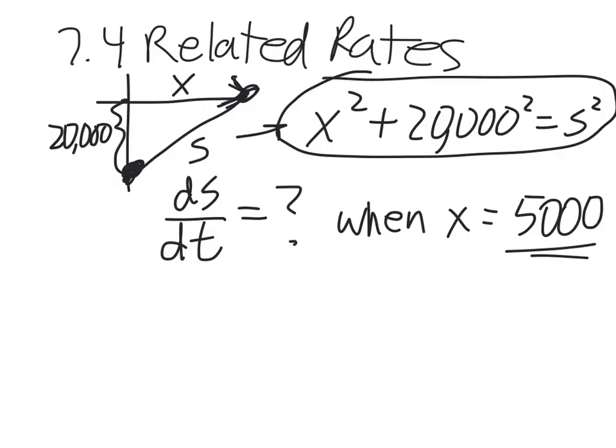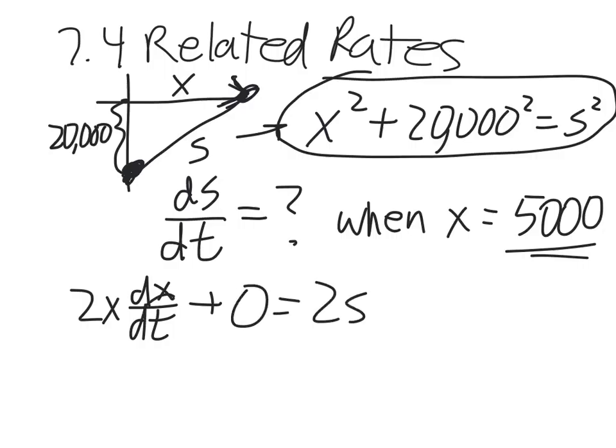Then when we take the derivative with respect to time, we would have 2x dx by dt plus, well, derivative of that constant is going to be 0, but then derivative of s squared would be 2s times ds by dt. And then you could fill in what you don't know. You would be able to find s at that particular point, plug in your 5,000, okay, and then plug in x, plug in s.